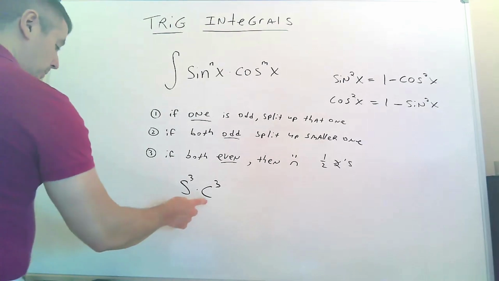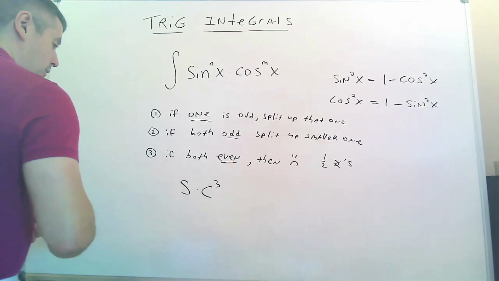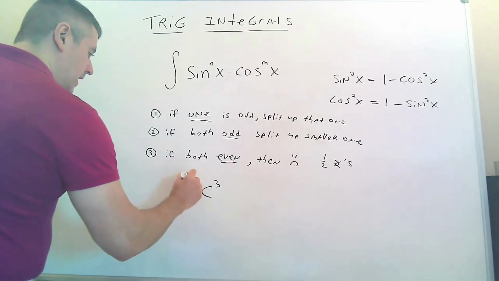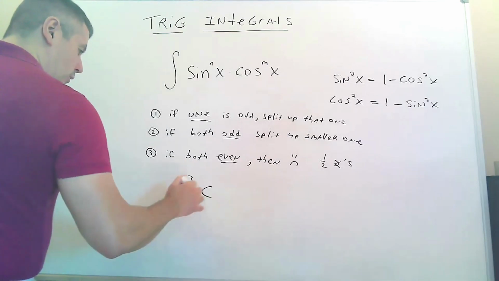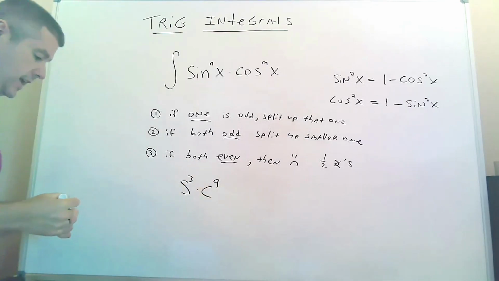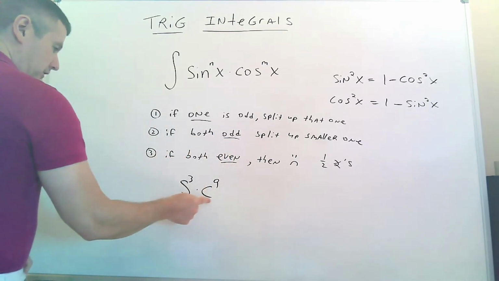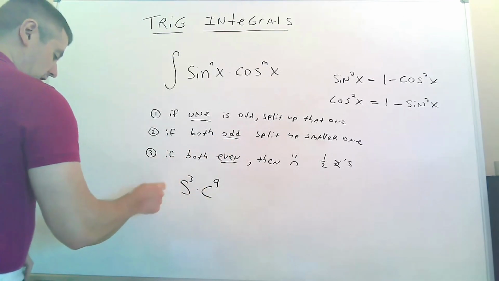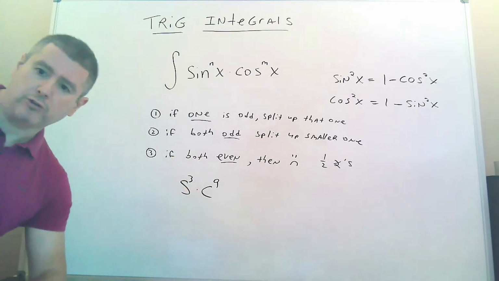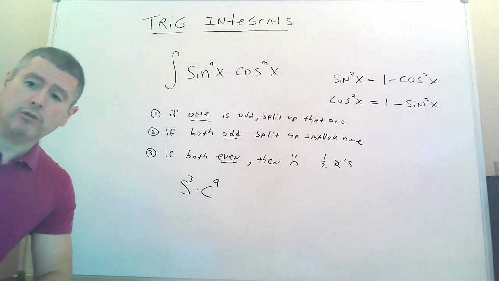So I'd rather split up cosine. But if it was like this, let's say that was 3 and this one was 9, again both odd, you would not want to split this up, trust me. You would split up the sine. So generally, you want to split up the smaller one. If they happen to be equal, then you split up the cosine.